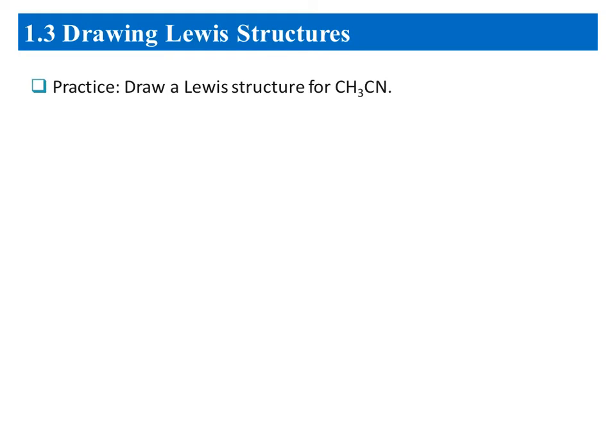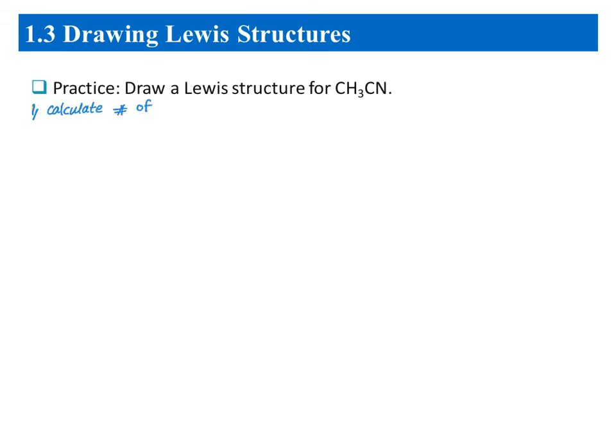To draw the Lewis structure for acetonitrile or any other molecule, we need to first calculate the number of valence electrons. So in acetonitrile we have 2 carbons. Carbon is in group 4, so it has 4 valence electrons.